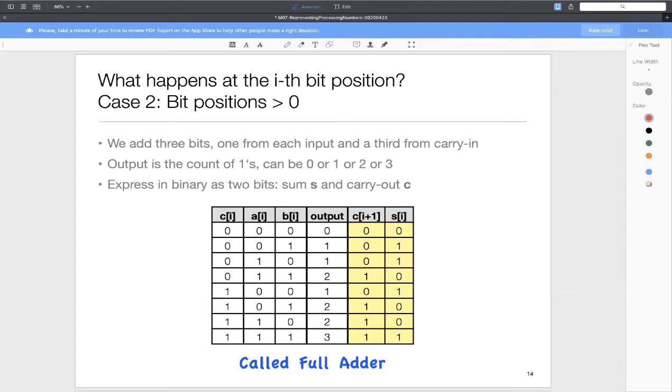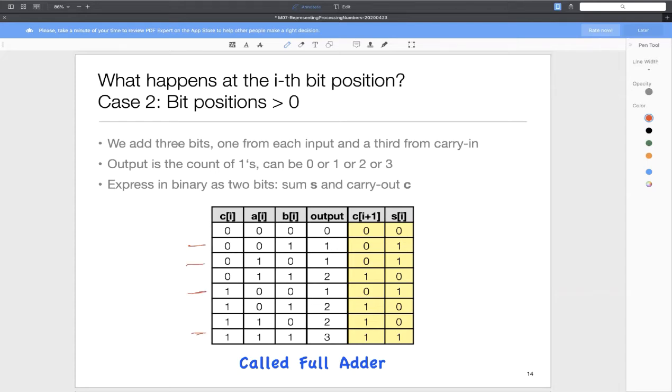Now, staring at this, things are a little bit trickier at this point, but can you again see under what condition is sum 1? So ignore carry out for a moment. Under what conditions is the sum 1? When only one of the inputs is 1. Or all 3 are 1, right?